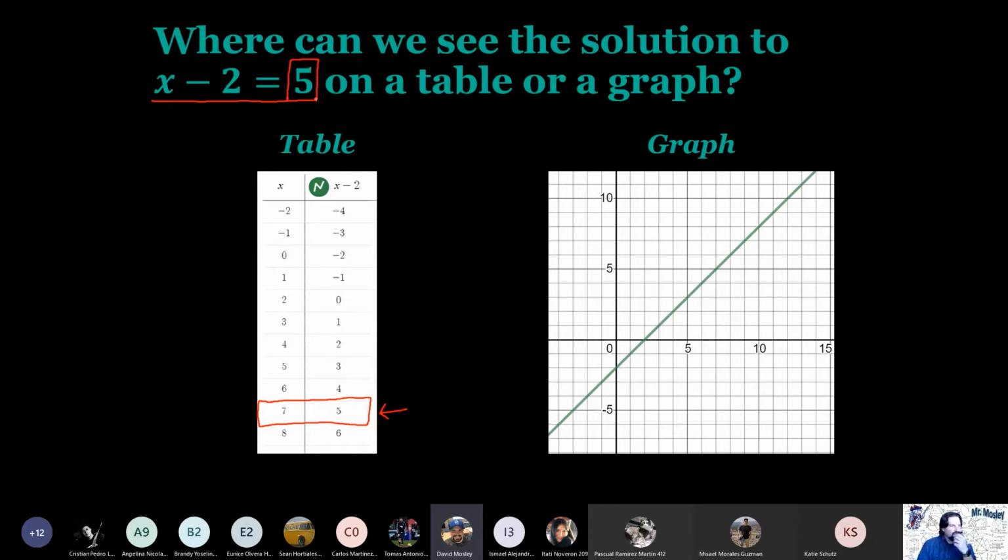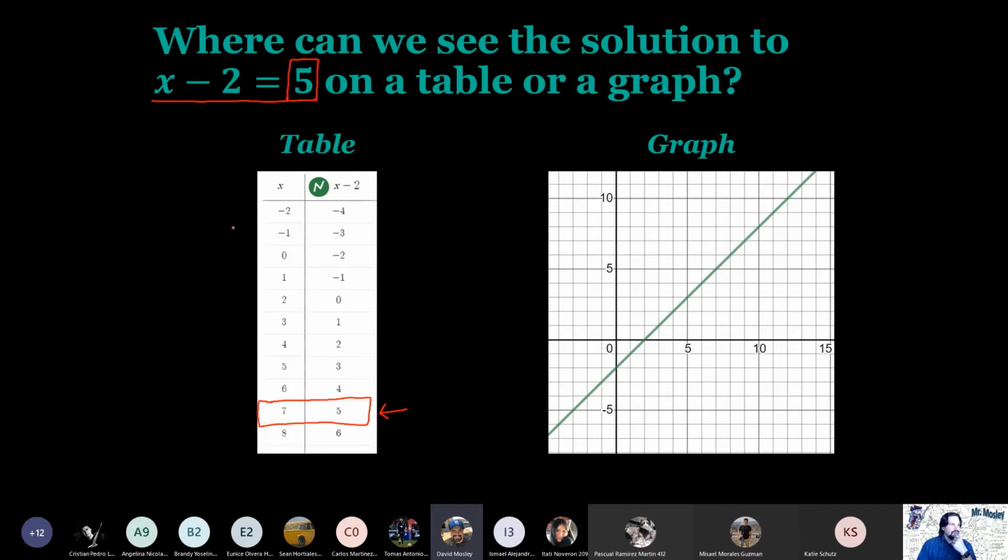Is the value 5 for x minus 2 equaling 5 anywhere else in the table? No, it's not.